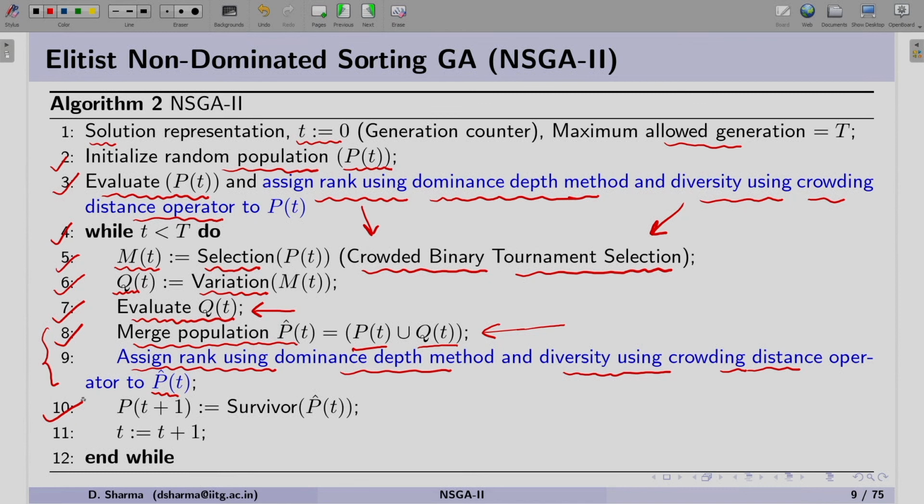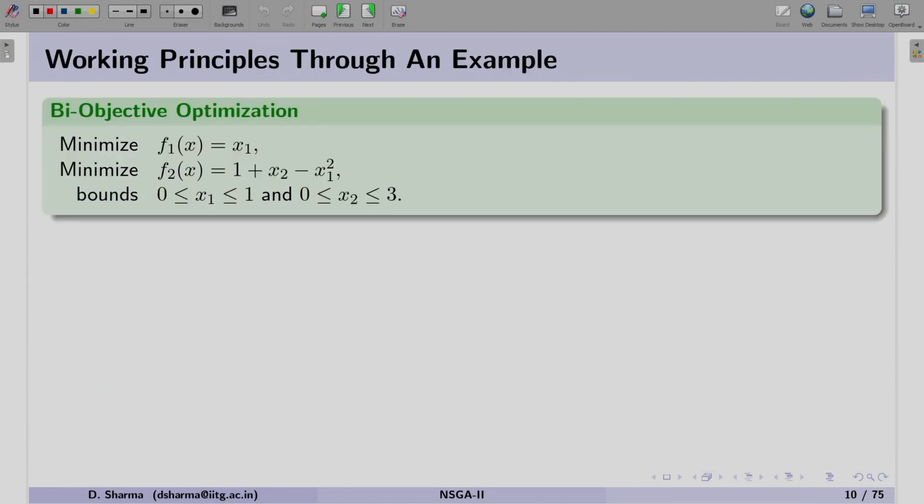Thereafter, in step 10, we have the survival that will be applied on the combined population of parent and offspring. In step 11, the counter is increased by 1, and this particular while loop we follow till the termination condition gets satisfied. So now this is the algorithmic representation of NSGA2. This is the main algorithm.